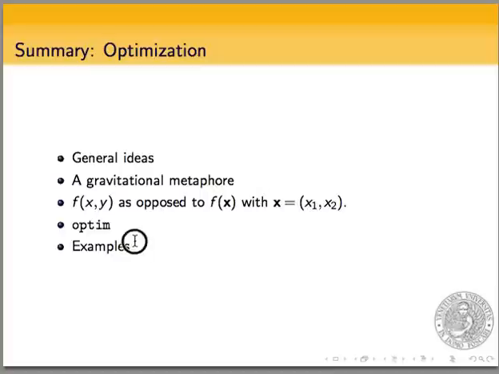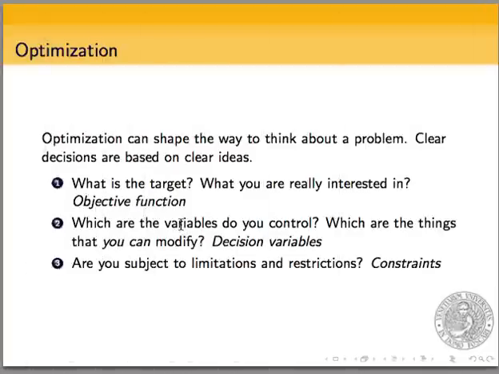We will then use optim, which is the all-purpose optimization algorithm that you will find in R, and see together some simple example. I will keep for a separate video, for a separate segment, the analysis of more involved examples.